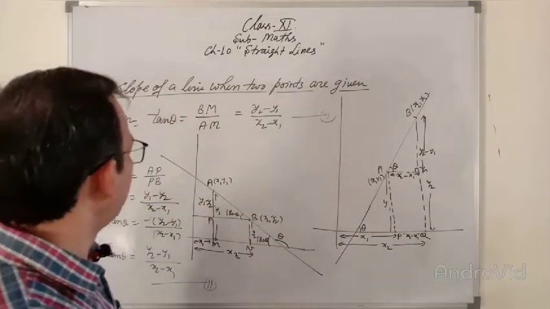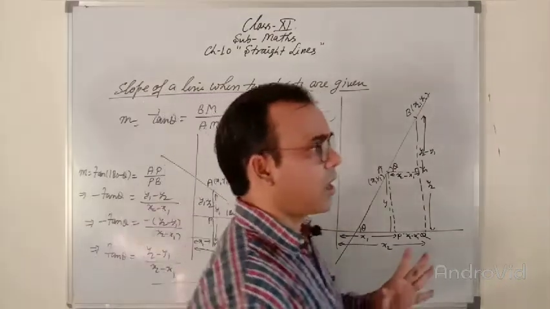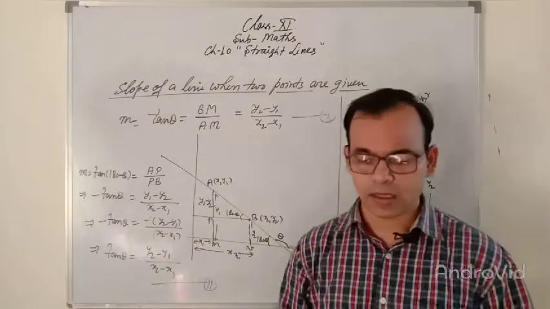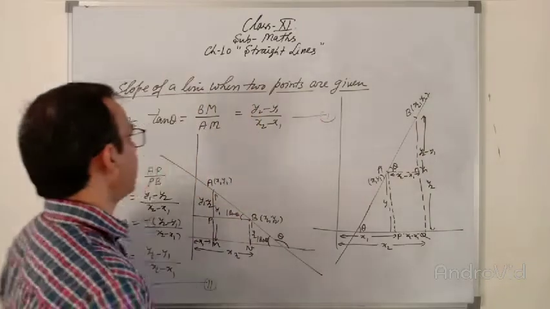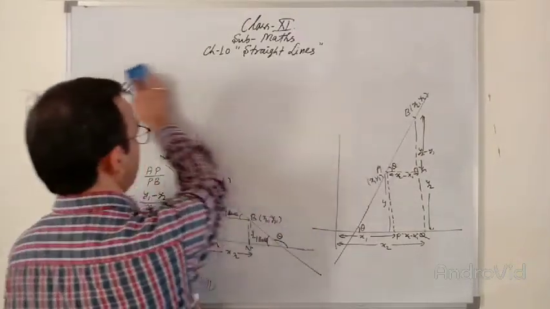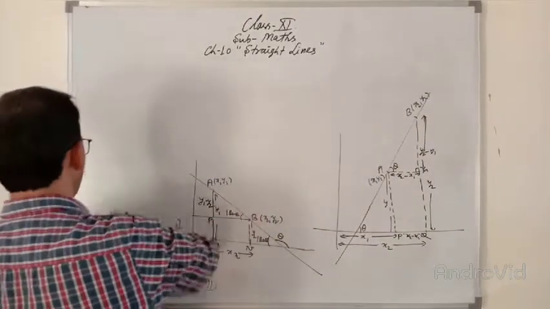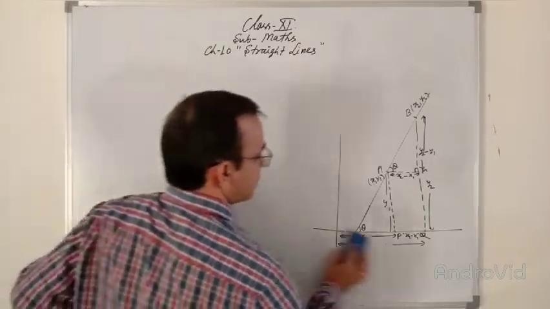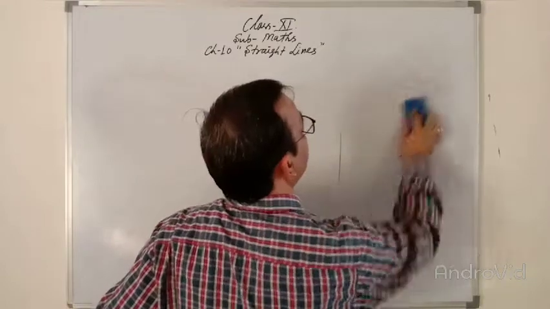Now let's take the case when the 2 lines are parallel to each other and when the 2 lines are perpendicular to each other, then what would be the relationship between their slopes? So let's see the condition of parallelism and perpendicularity.